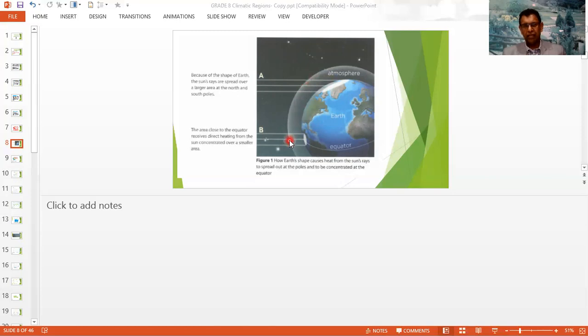Now, because area B has a smaller atmosphere, it will have less dust particles, less smoke particles, less pollutants, less cloud particles. That means more of the sun's rays will reach the Earth's surface.